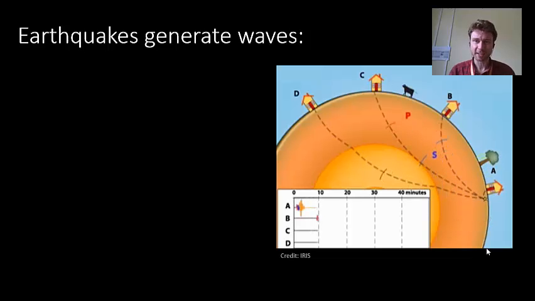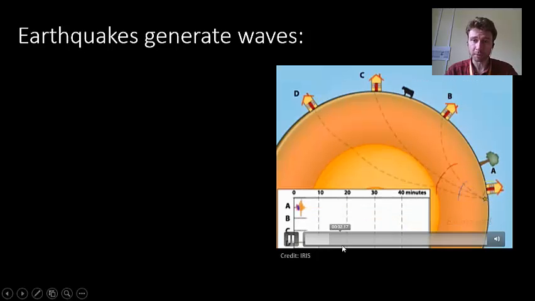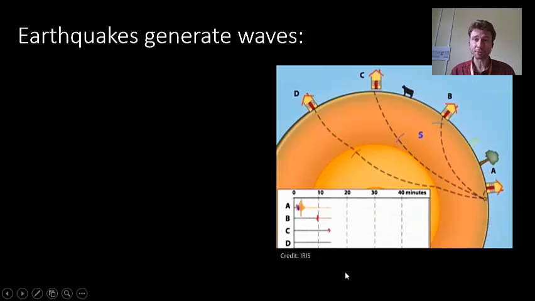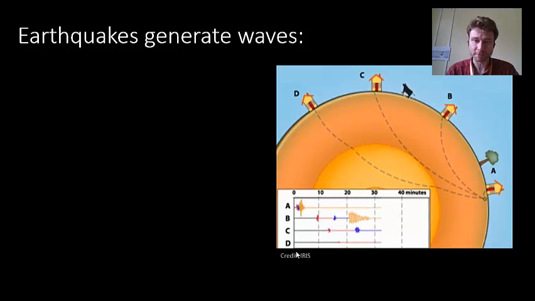This animation shows the different types of waves that can be generated by an earthquake. And we're going to break this animation down one by one, because earthquakes ultimately release their energy in many different ways.